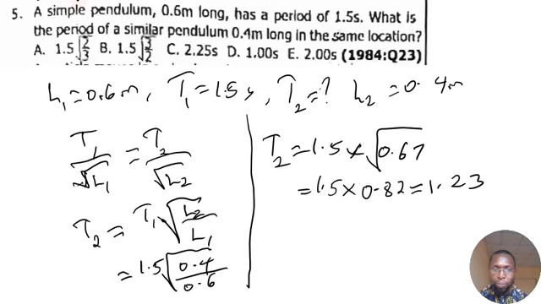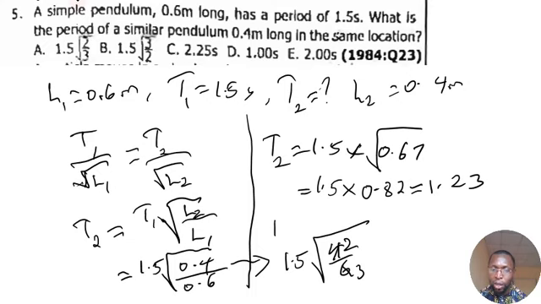Coming back here, you can quickly deal with this. Let's use this as our breakdown. So we have 1.5 square root of, this will be giving us 4 over 6 if you multiply by 10. So 2 here, and 3 here. So this is actually the correct answer. That would be 1.5 square root of 2 over 3, and the correct answer is option A.